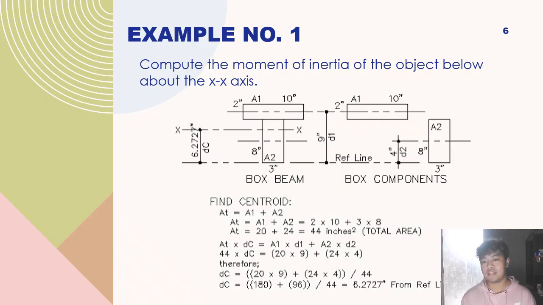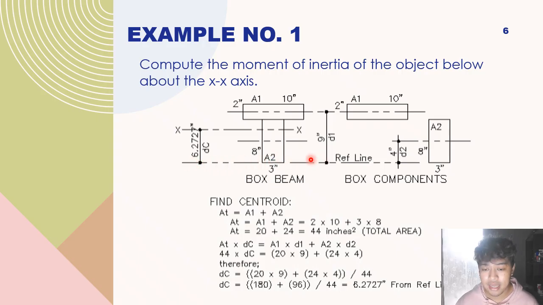So now let us try to compute for example number 1, computing the moment of inertia. First, we have an object below, and as stated by the problem, compute the moment of inertia of the object below about the reference line. The reference line that we have here is at the bottom of the cross-sectional area.